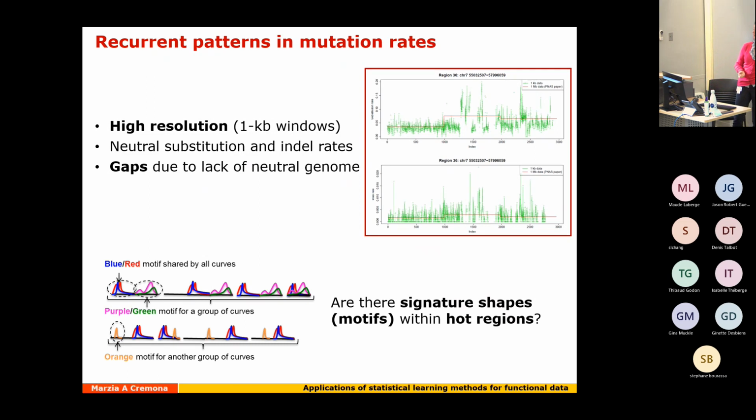So the question here is whether we can find shapes that are repeated within hot regions. We are interested in understanding if within these hot regions, we have regions that are maybe super hot or regions that are cold, just by looking at them at a higher resolution.